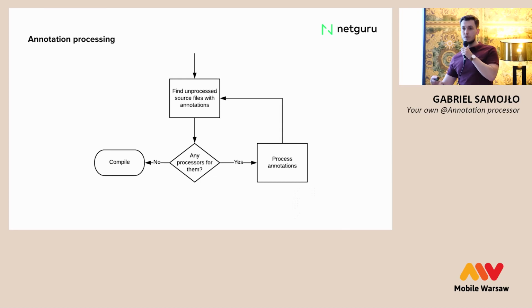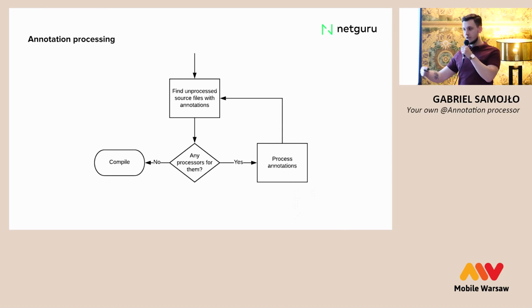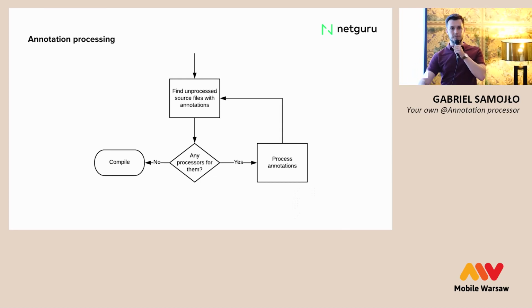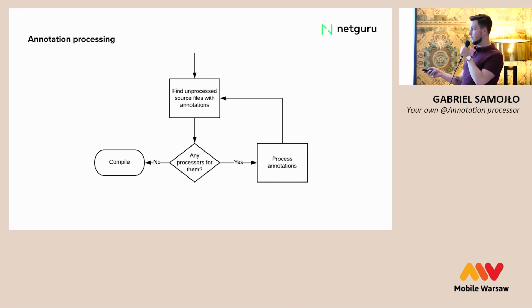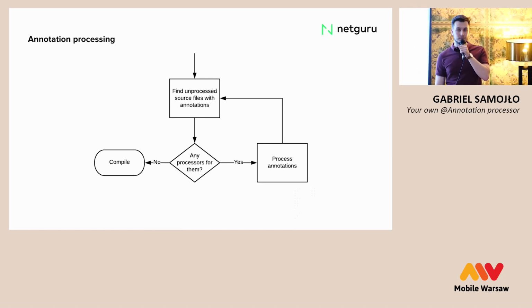So let's say the Retrofit annotation processor is looking at each file. You have the get, post, delete, put, etc. method in it, right? And if it finds it, we redirect it to the processor to process the annotation.